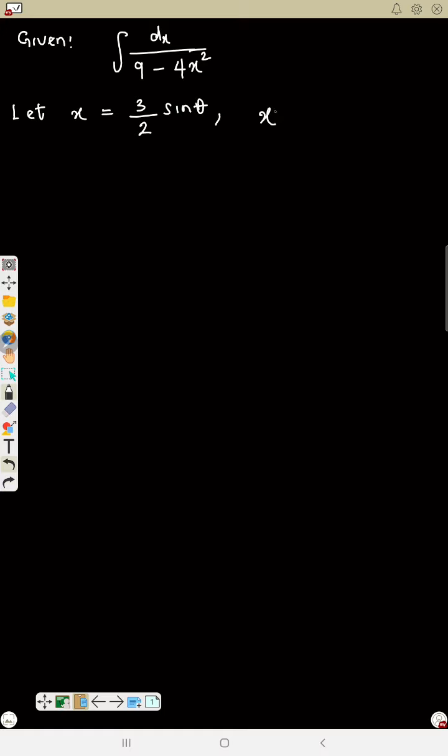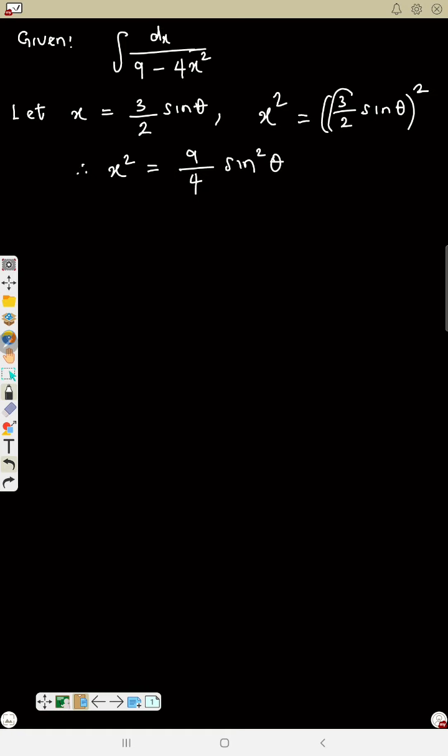If I square both sides, then x squared will be equal to 3 over 2 sine theta, squared. So if you square this, we will have x squared equal to 9 over 4 sine squared theta.